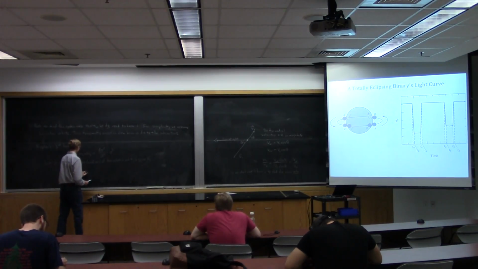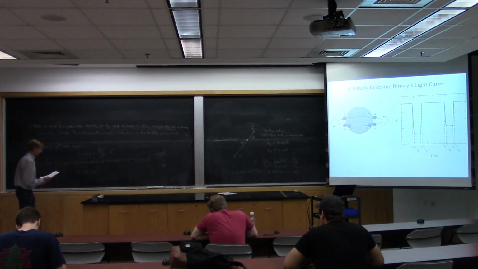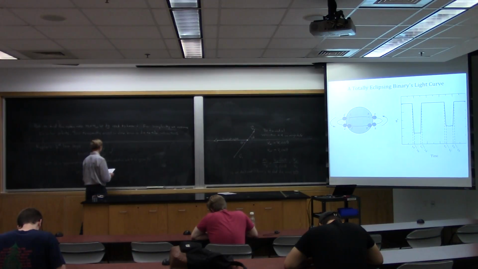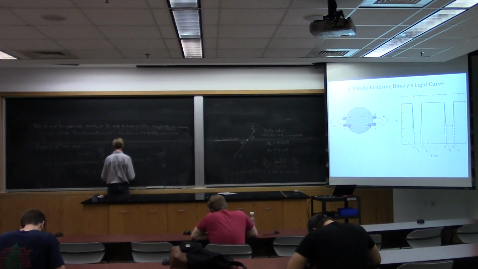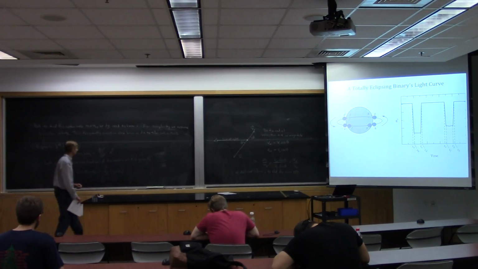A is A1 plus A2, and that will just be P over 2 pi, where P is the orbital period, times V1 plus V2.